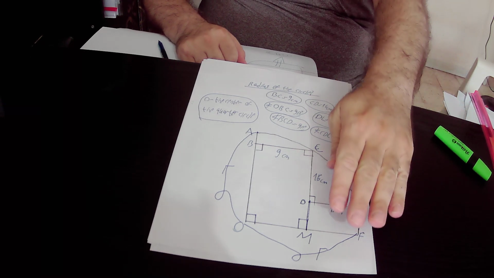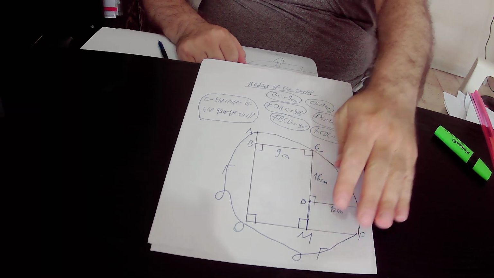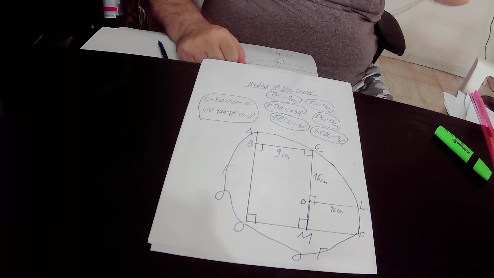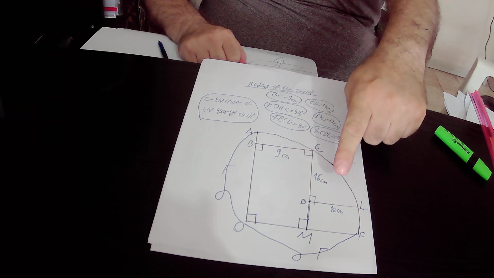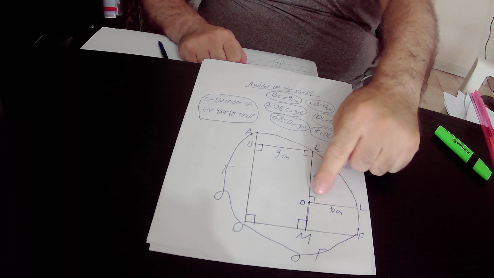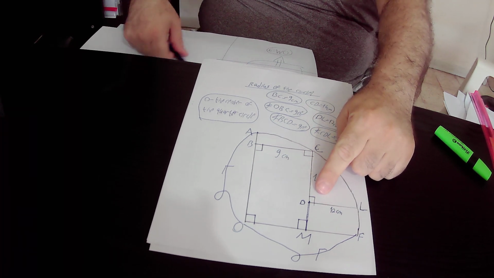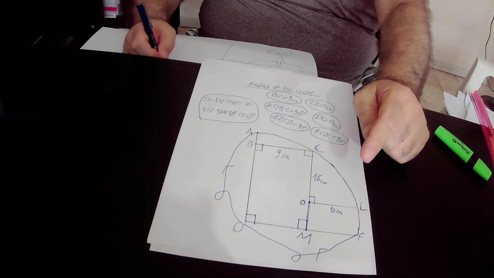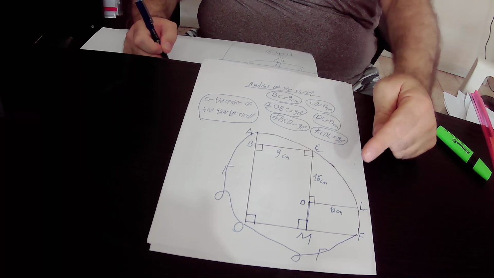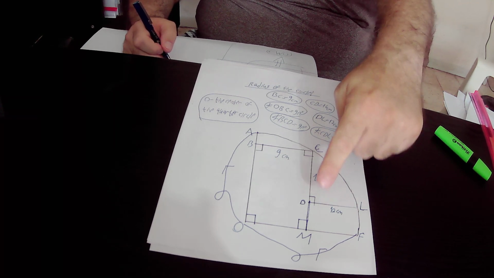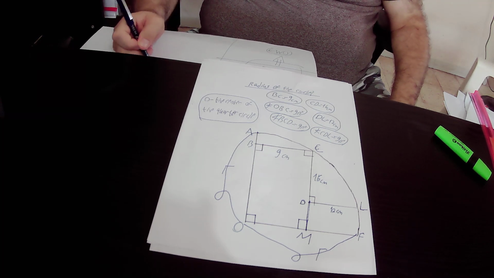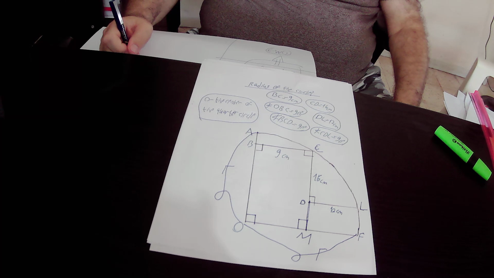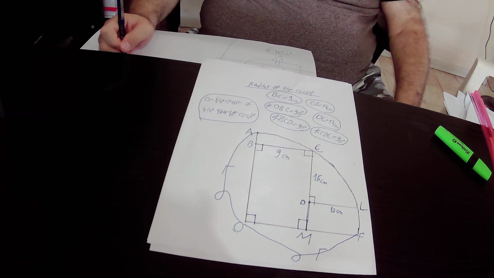So if you focus on this side of the straight line CM at point D, the sum of the angles must be equal to 180 degrees. So which angles do we have at this side of CM at point D? We have this angle that is equal to 90 degrees, plus this angle that is equal to angle ADM. In total, the sum of those two angles must be equal to 180 degrees.